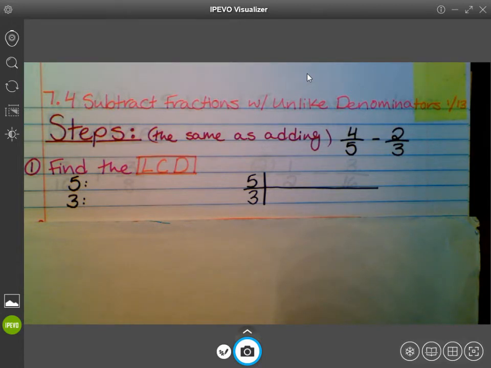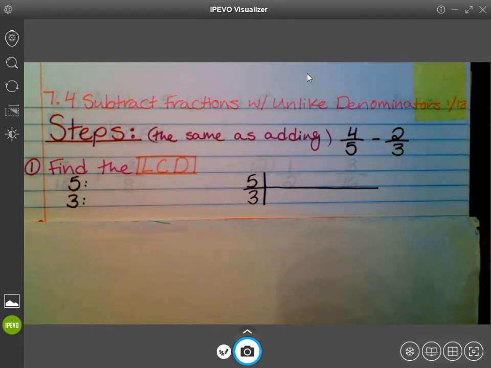Perfect. List the multiples and circle the one they have in common. You don't need to write that part. I just wrote it in case people want to write it that way. All right, are we ready to look at this together?